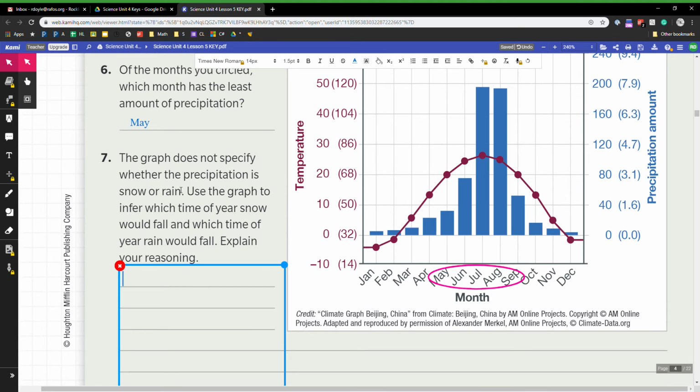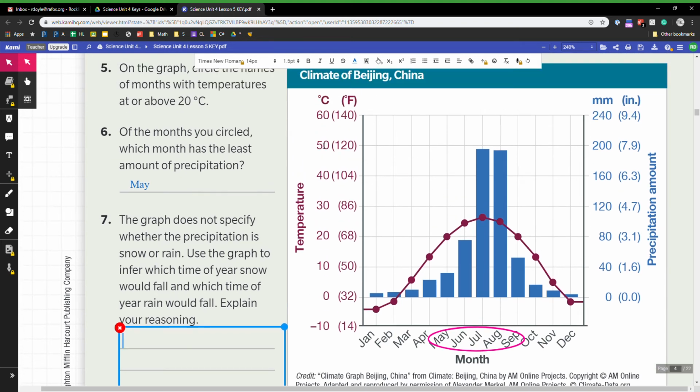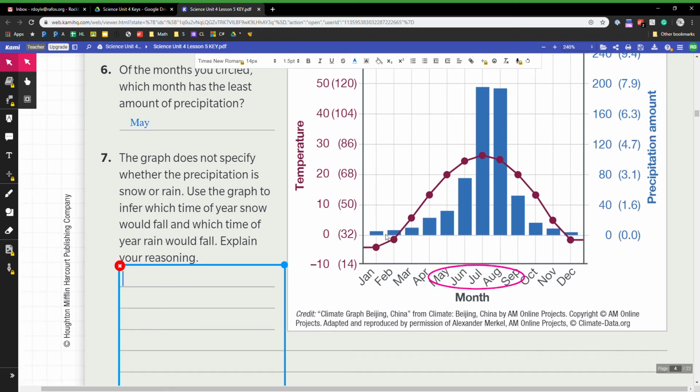So it says, use the graph to infer which months the rain would be. So when I'm looking at the temperatures, this is 32 degrees right here. So if the temperature was under 0 degrees Celsius or under 32 degrees Fahrenheit, it would definitely be freezing, because that's colder than freezing.